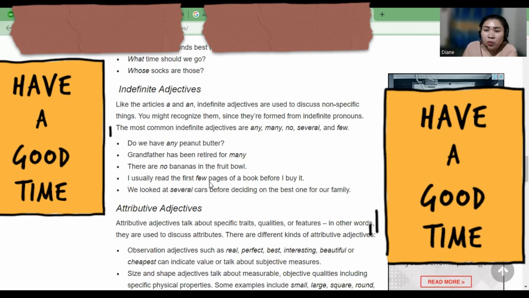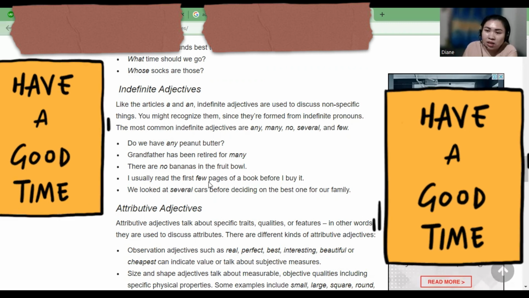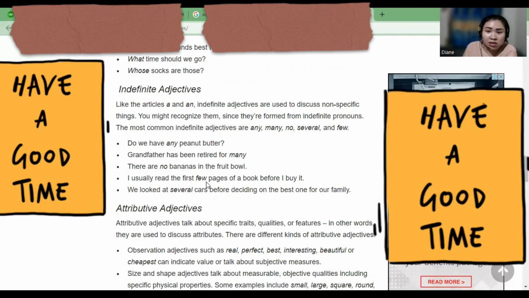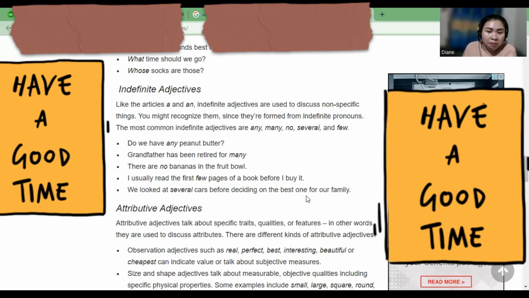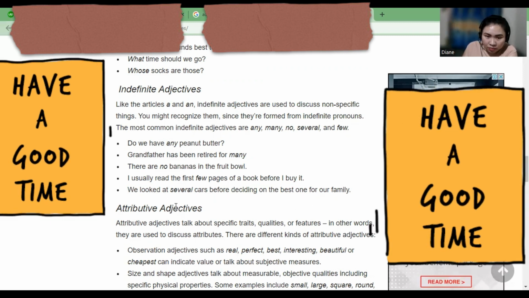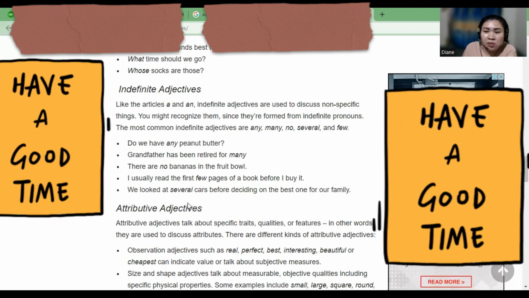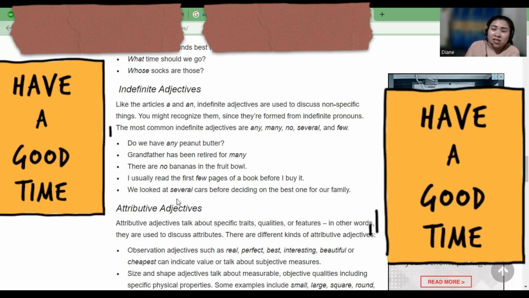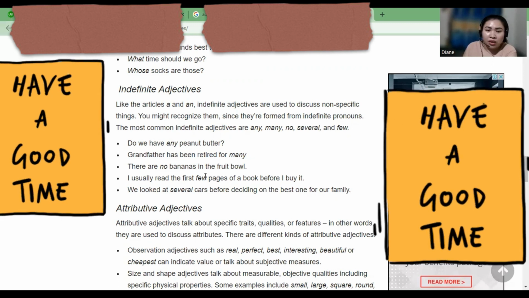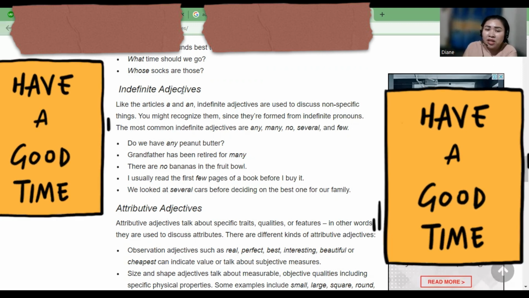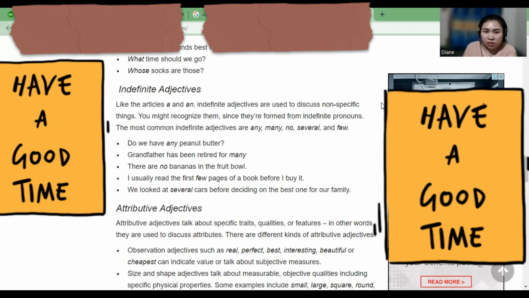Few. We don't know how many pages. It's not mentioned, so therefore it's not specific. We look at several cars before deciding on the best one for our family. Several here is also not specific. Several, how many is that? Is it 5, 10, 15, 20? Several, not specific. So indefinite adjectives are non-specific.